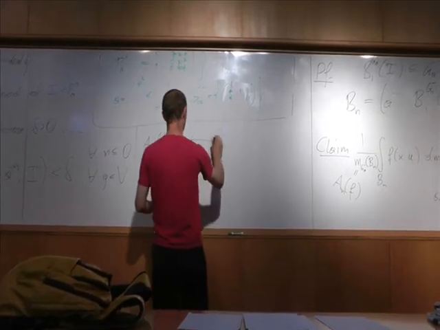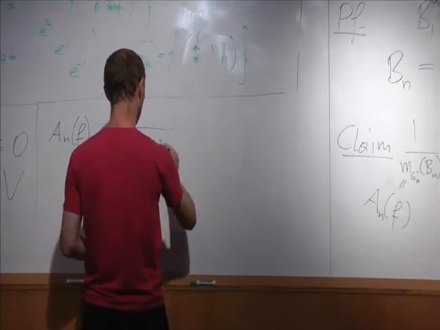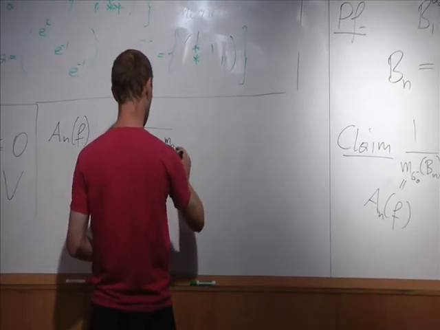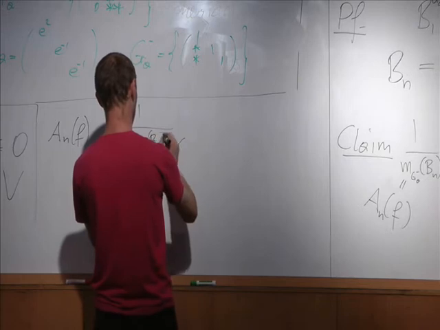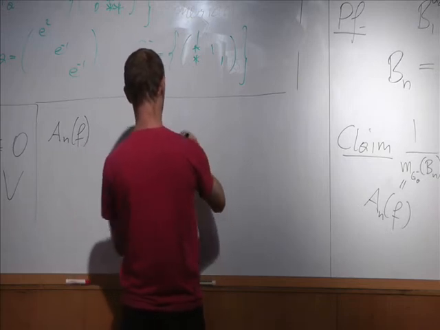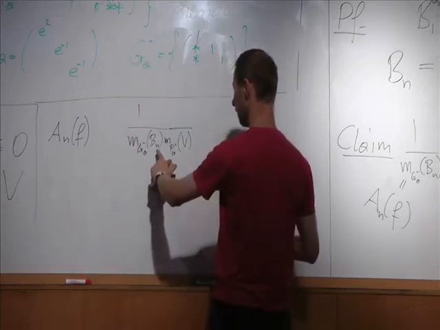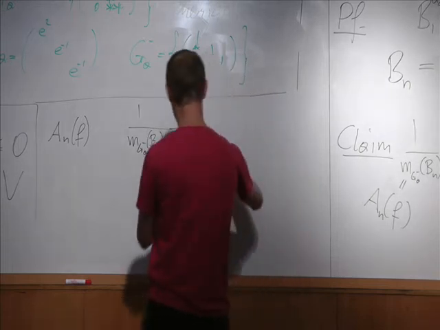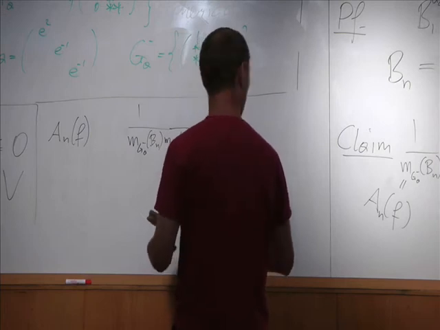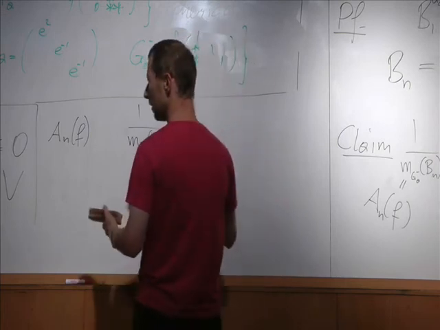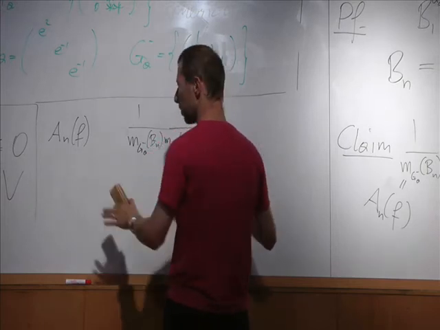Of course, 1 over m_G minus P_n m_P_A plus V. Let me use positive n's all the time, not negative n's.